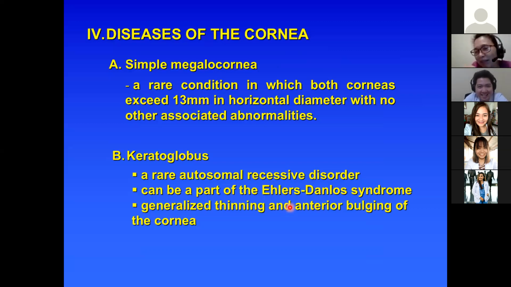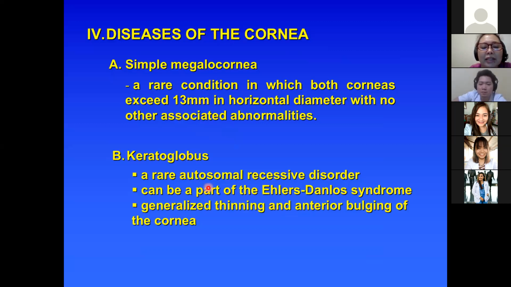Because the sclera is invading the cornea about 1 millimeter away from the limbus. In children, the horizontal diameter is only 10 millimeters. But in megalocornea, it is much larger, even bigger than an adult's, 13 millimeters or more. Simple, with no associated abnormalities.